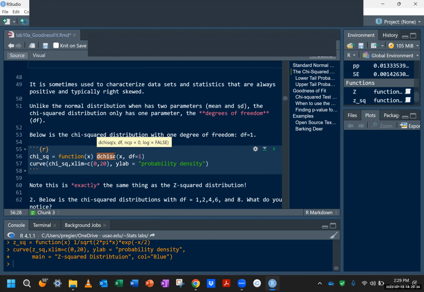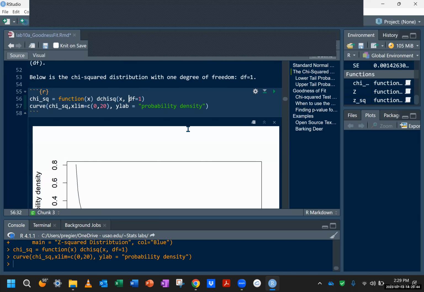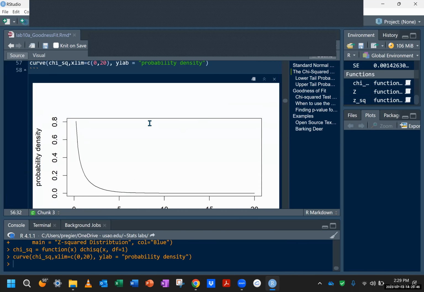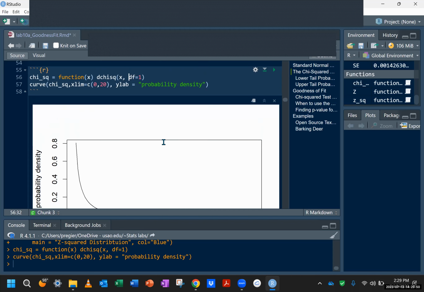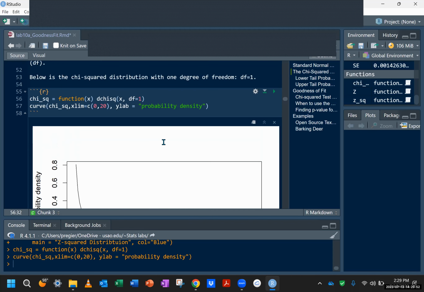You don't have to pay much attention other than we're using a function, dchisq, that plots it for a given degrees of freedom. So there's the 1 degree of freedom. That means we just add up 1 z squared, which is what we plotted earlier. So that's the chi-squared with 1 degree of freedom.